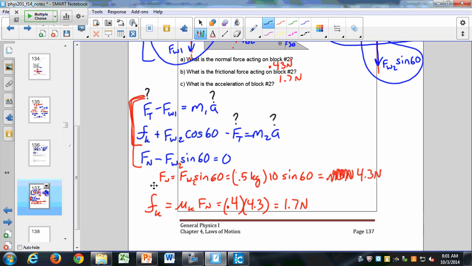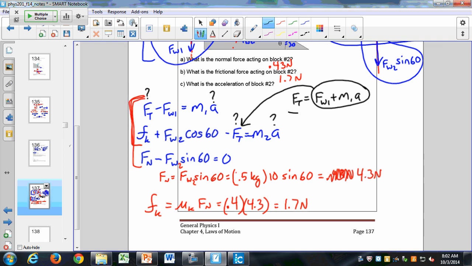Let's see. I said Ft is equal to Fw1 plus M1A. And then I substituted this in here. And then I solved that for A. And that looks like this.